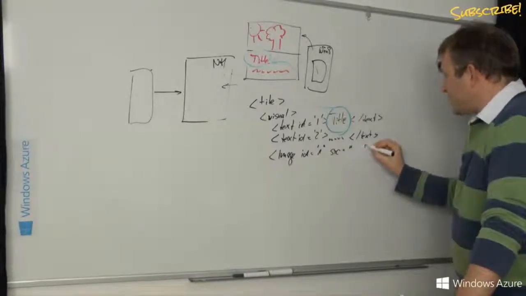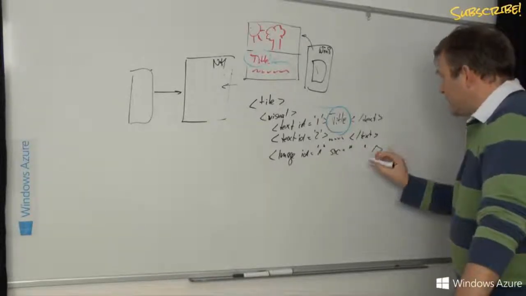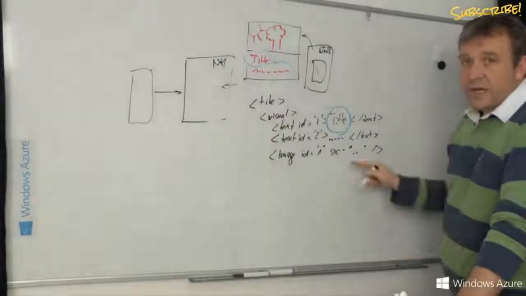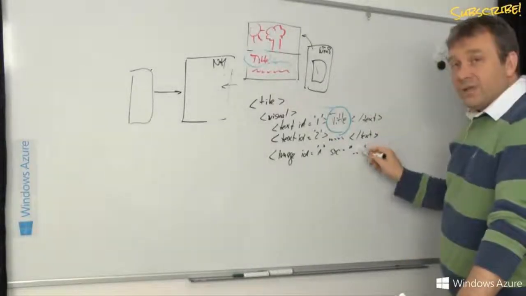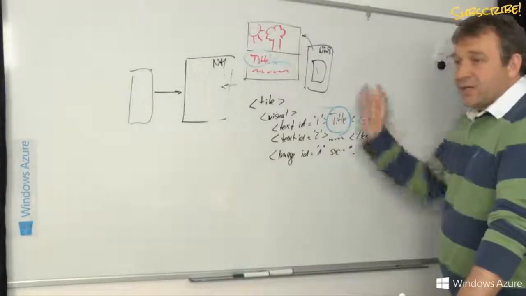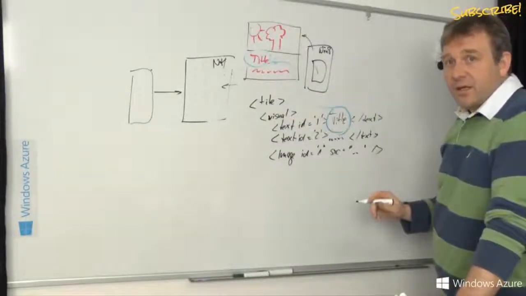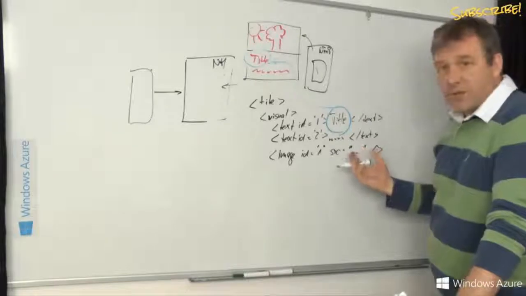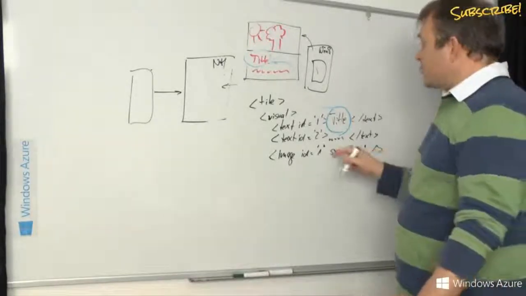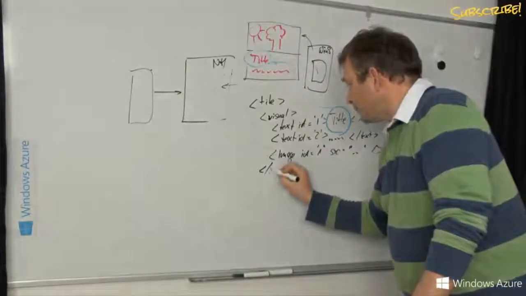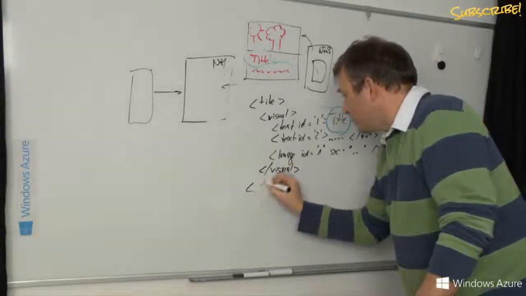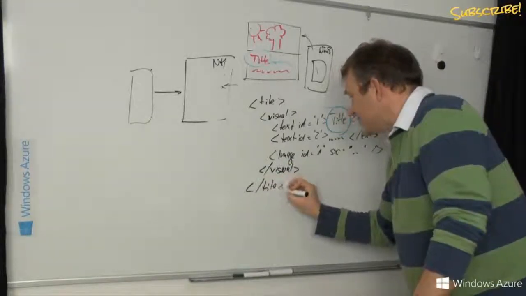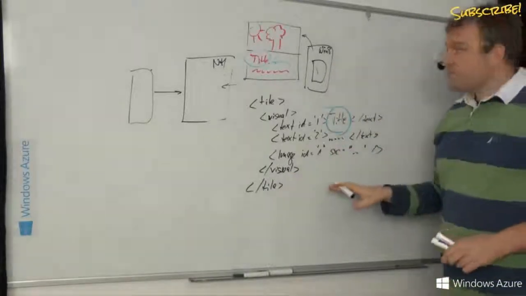That source attribute is a URI, and that URI either points to a local resource inside of that app, or it points to an external resource that sits up on the internet somewhere, an HTTP URI, where that image is going to be pulled. And then visual closes, tile closes. That's just about how those things look.